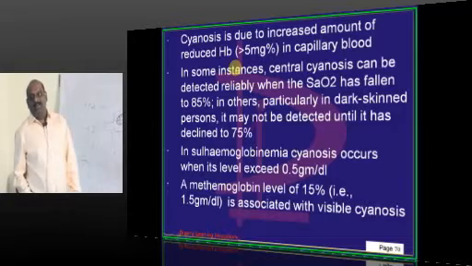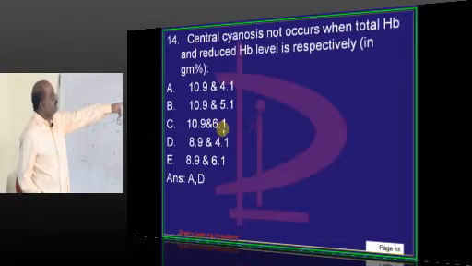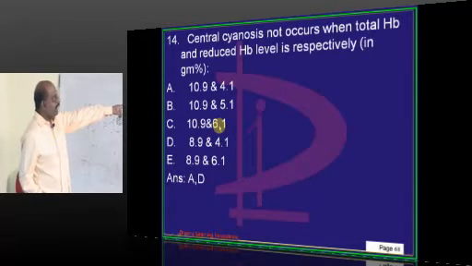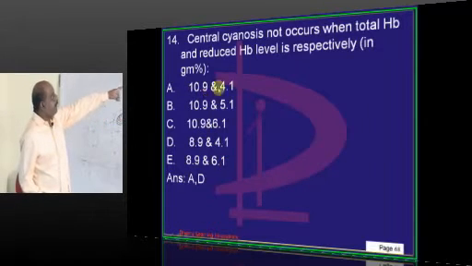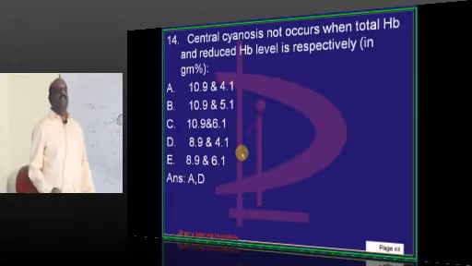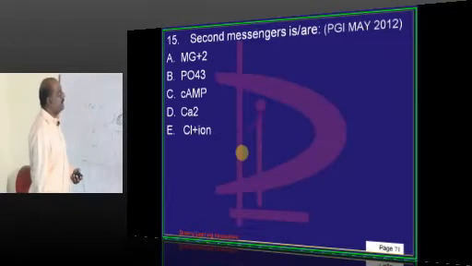So it should be more than 5 milligram. Out of this, which is more than 5 milligram, doctor? 6.1 is more than 5, and total hemoglobin is how much? 10.9. हो सकता 8.9, 6.1 हो सकता, मगर 10.9, 4.1 is less than 5. Anything less than 5 of reduced hemoglobin does not lead to development of cyanosis, is what you have to basically remember.